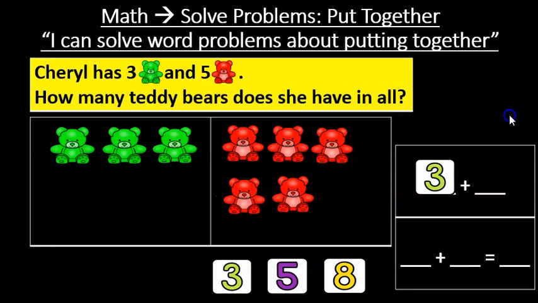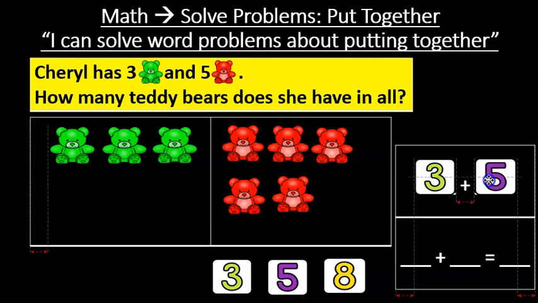Now, how many red teddy bears are there? Just the red one. 5. Good job. So I'm going to put 5 here. Now, this first addition equation is complete, okay? Let's read it together. 3 plus 5. Let's read it again. 3 plus 5.